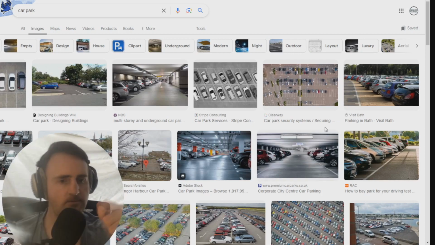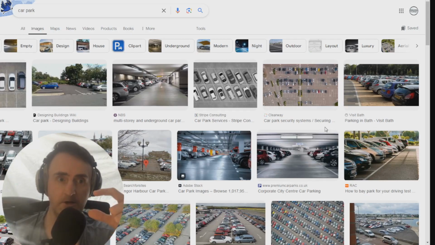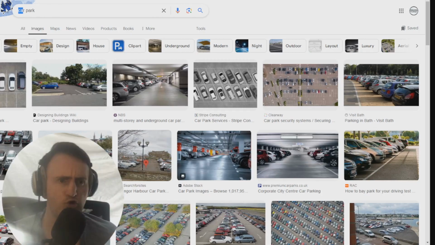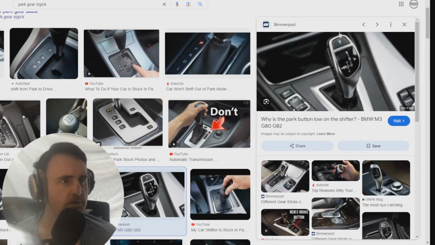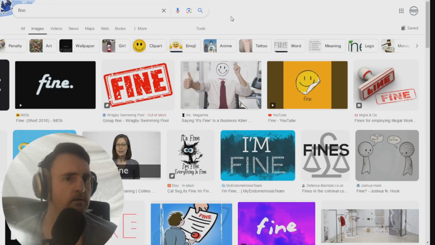On some cars, the automatic cars, on the gear stick it will say park, meaning neutral, I guess. So you see the P for park. So you've stopped.